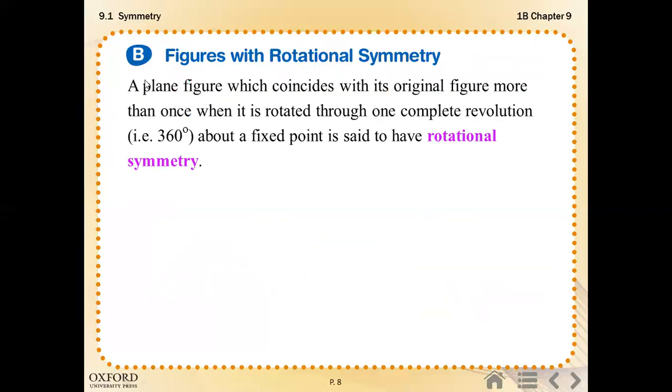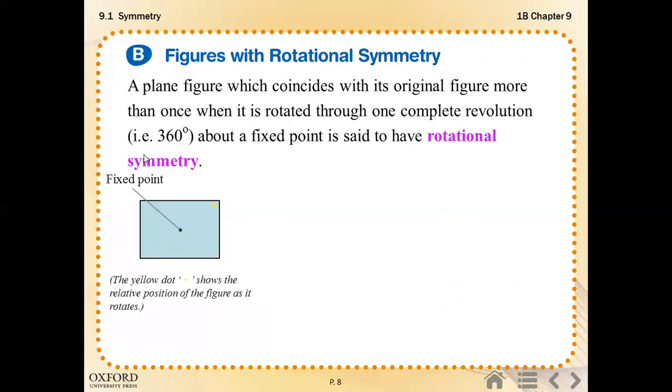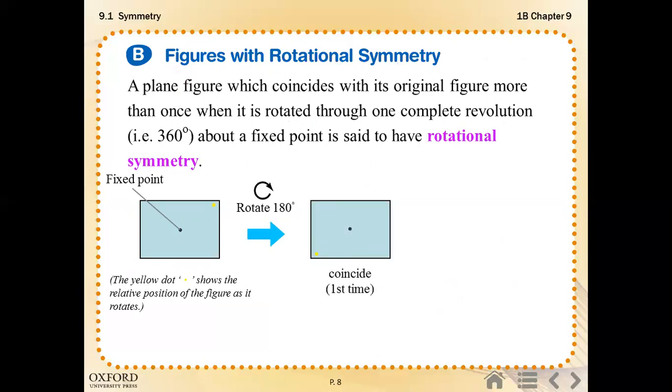Then the next goal is rotational symmetry. Rotate means turn round. A complete revolution is 360 degrees, about a fixed point, say this one. If I hold this point fixed and try to rotate it, can you see the yellow dot rotate, turn around 180 degrees?